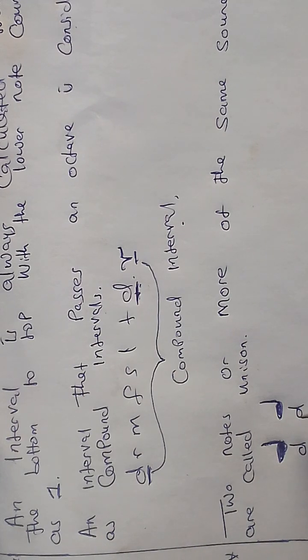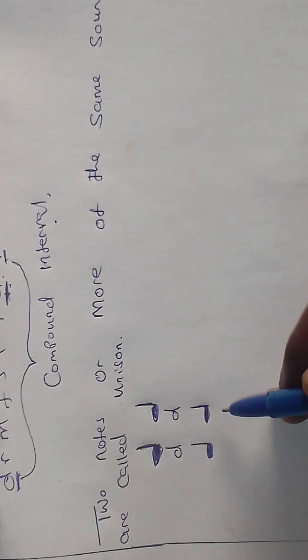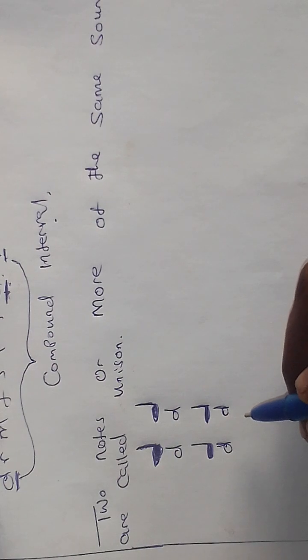Say, for example, we would have a case whereby 2 different people are singing crotchets which have the same note, that is the same sound. We would also say the notes are in unison.